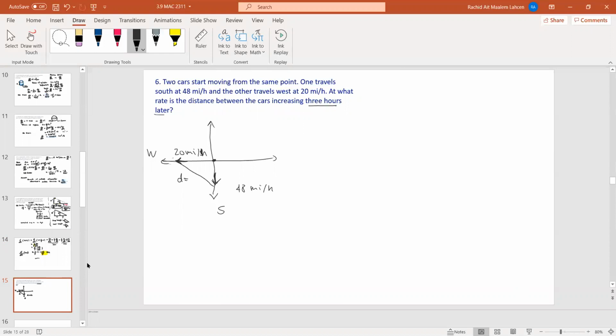So you see, the question here is not what is the distance after 3 hours, right? So this is why it's a completely different game. What rate is the distance changing? That's what we are interested in, right?